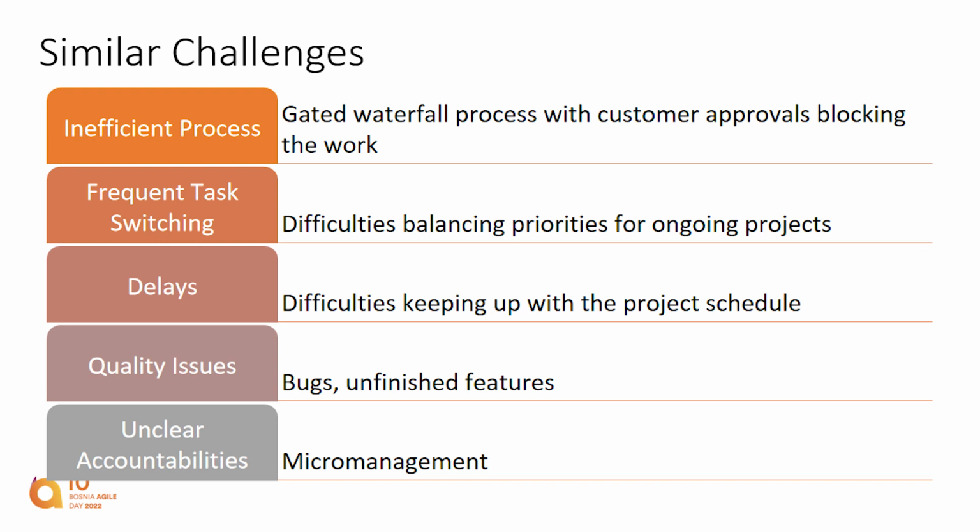And unclear accountabilities helped introduce micromanagement, which also didn't help. In the smaller company, one of the founders tended to micromanage developers, changing priorities on a daily basis, which then caused frequent task switching, and well, everyone was crazy.